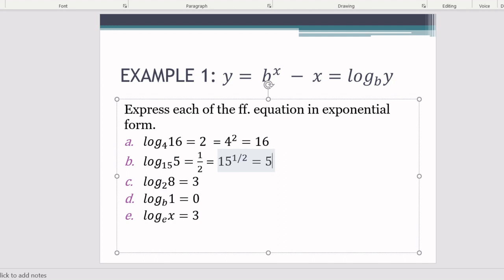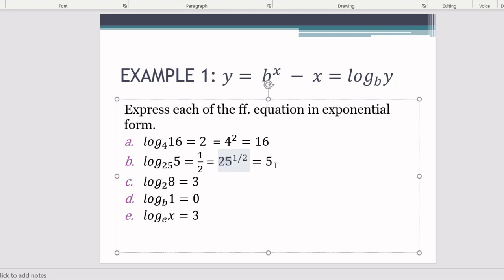If you want to prove that on your calculator, simply input 15 raised to 1 half. Let me see what's wrong. Okay, so the given is wrong. That should be 25. So let's check: 25 raised to 1 half is equal to 5.